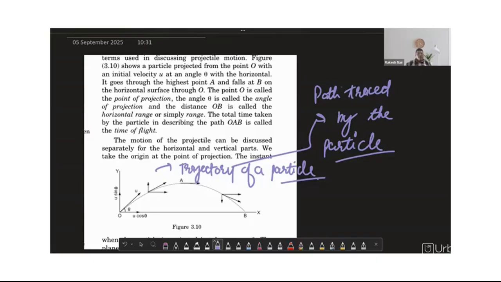Under the topic of projectile motion, a projectile is just an object.